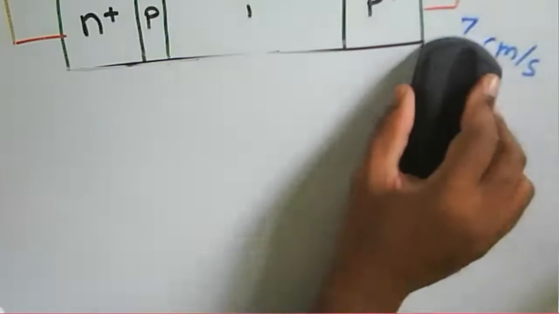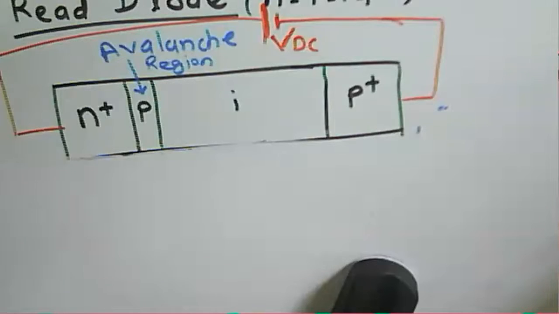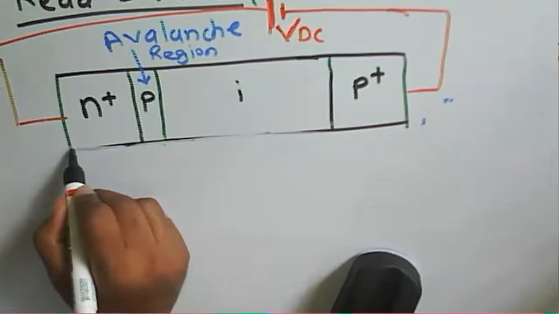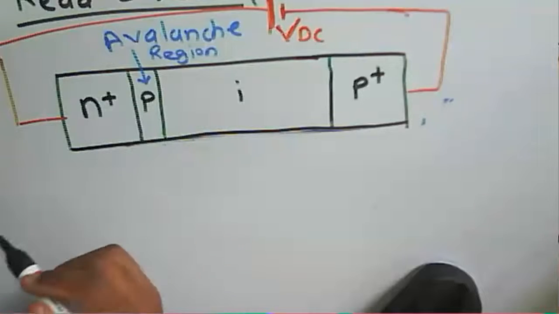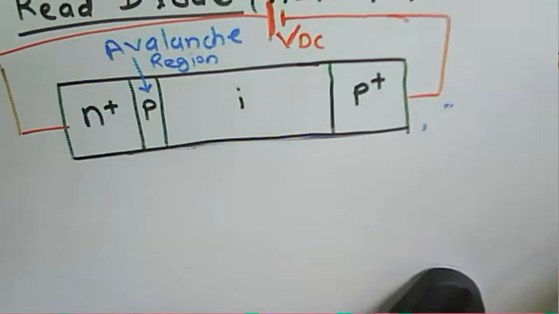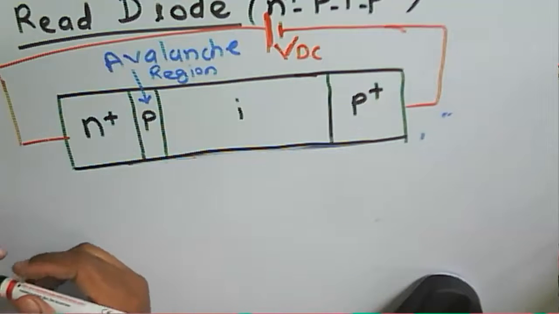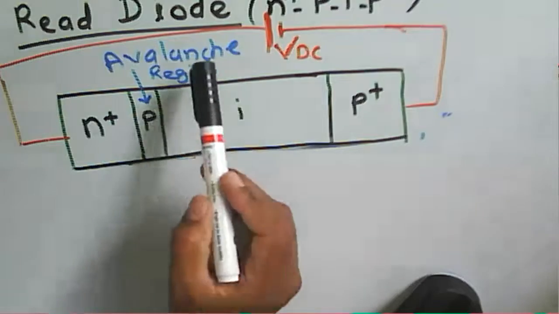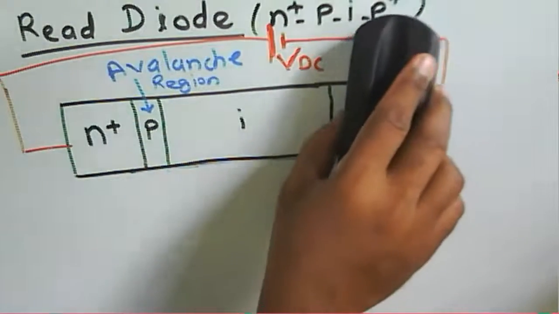Now, how is this Read diode to be used? For that purpose, we consider the structure of the Read diode, and how voltage and currents are generated in it. Generally we use this Read diode along with a microwave resonant structure, and it is operated in the negative resistance region.